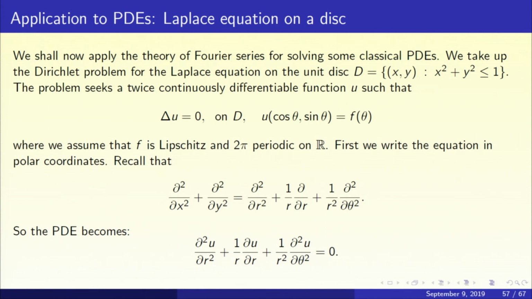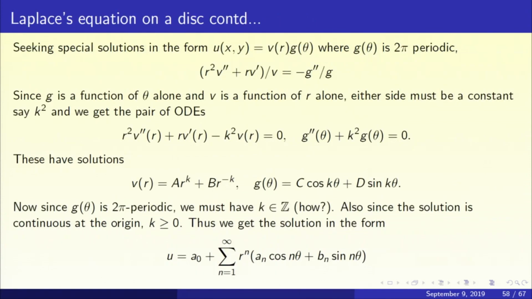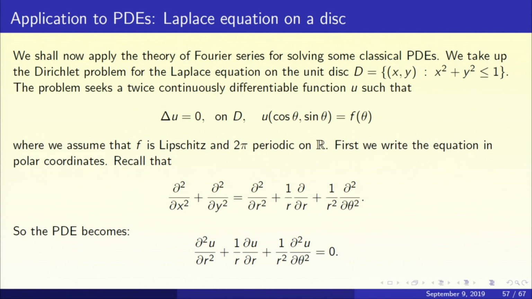So what happens to the PDE? The PDE simply becomes del 2u by del r squared plus 1 upon r del u by del r plus 1 upon r squared del 2u by del theta squared equal to 0. All right. So what do we do with this? Now we look for a special solution of the form v of r times g of theta, and we substitute v of r times g of theta for u in this last equation. So u equals v of r times g of theta.